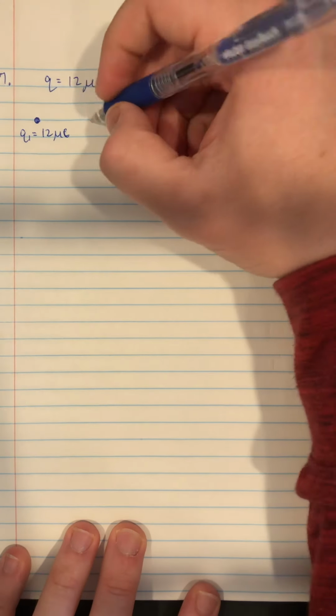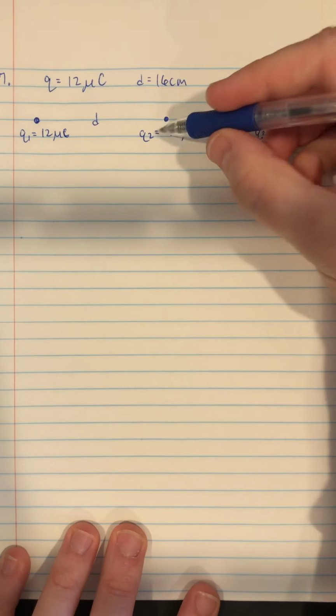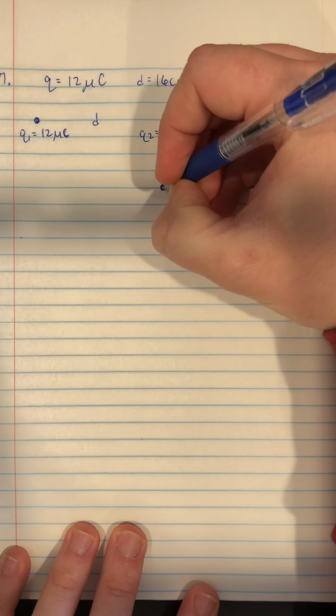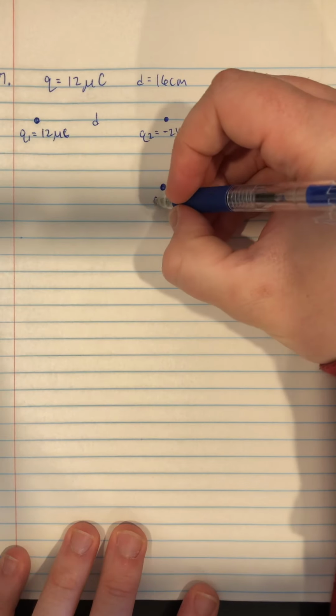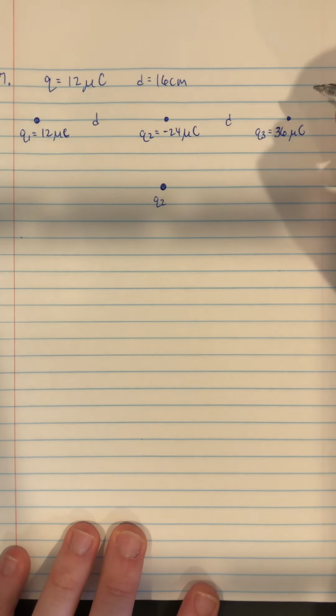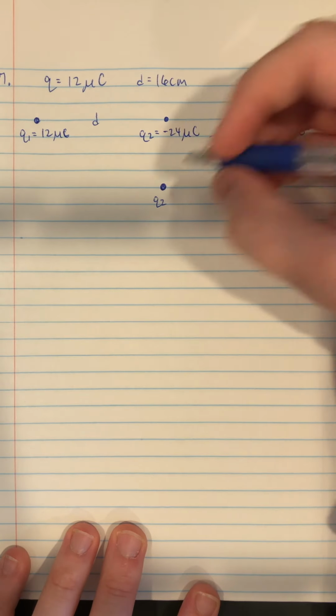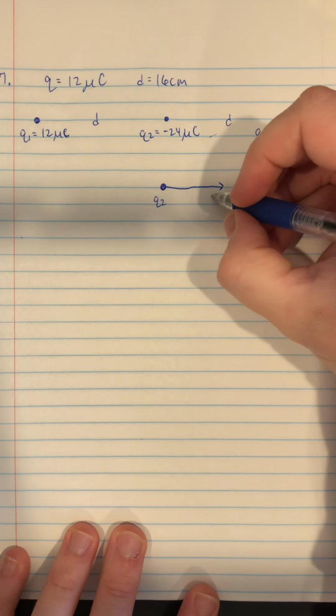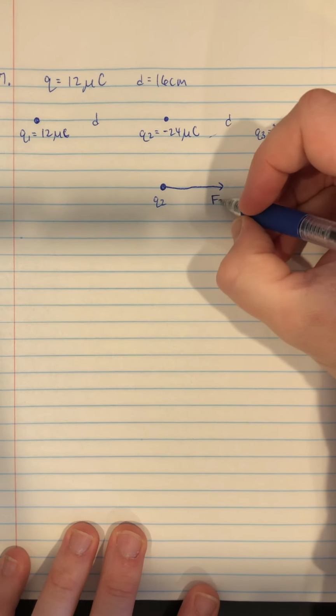D is still 16 centimeters, and that's the distance between them. This time we want to find the charge on Q2. So if we draw a little force diagram here of Q2, and what the charges are on it, well, positive and negative, so these ones should attract, so we'll get a force this way, that's F23.